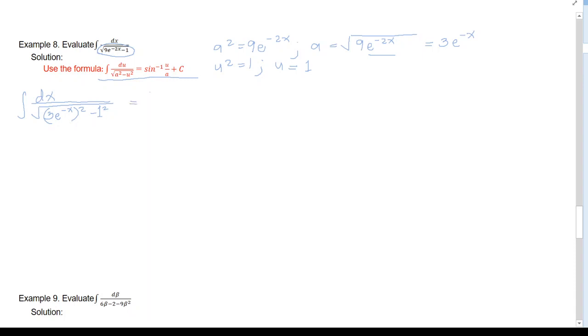So if we are going to rewrite that again, that is dx divided by the square root of, that is 3, since that is e raised to negative x, let us get the reciprocal for that one. Let us put that one at the denominator, and the exponent will become positive instead of negative. So it will become e raised to 2x already. So this one is raised to 2, since we distribute already the power of 2 there.